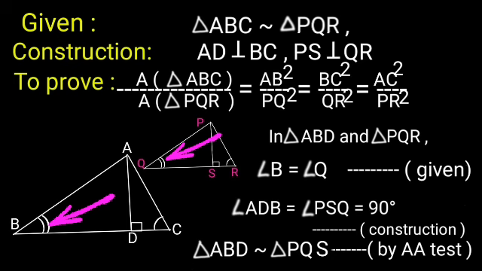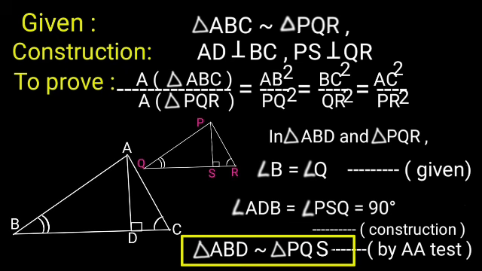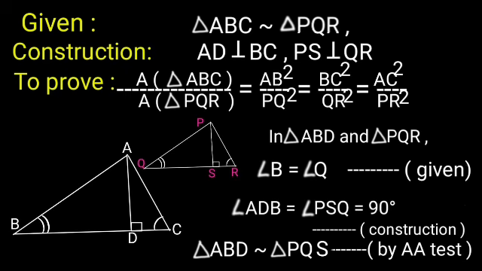Angle ADB is congruent to angle PSQ, equal to 90 degrees. This is our construction. Hence, triangle ABD is similar to triangle PQS by the AA test.